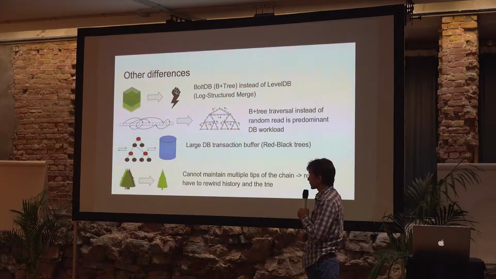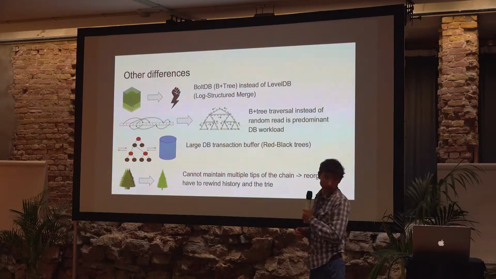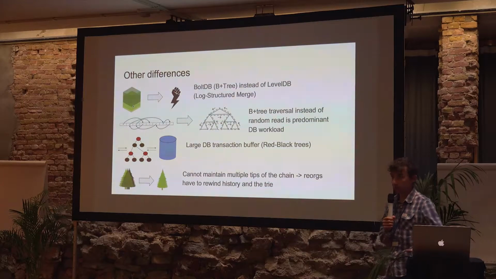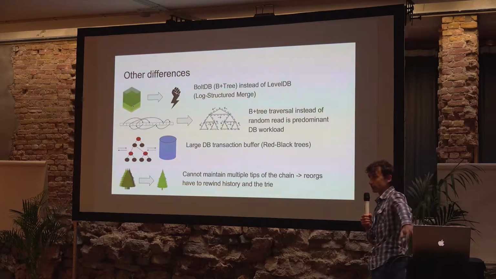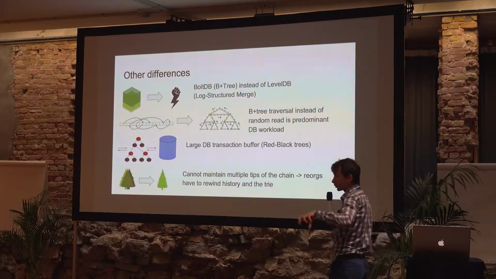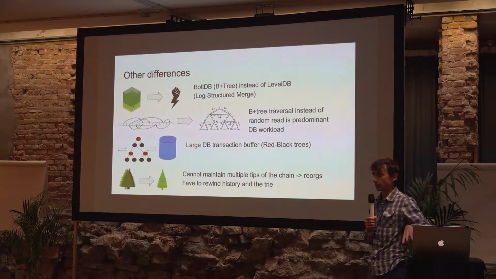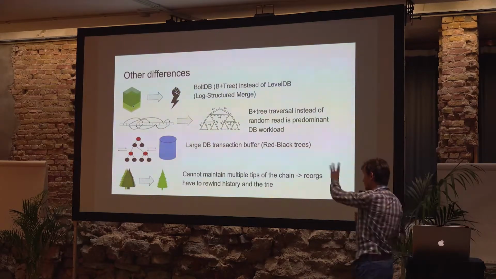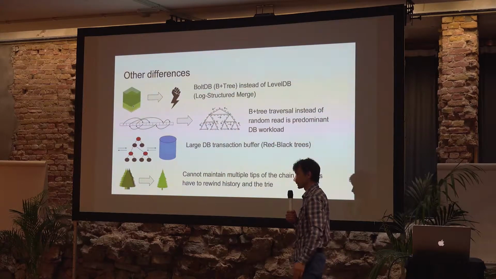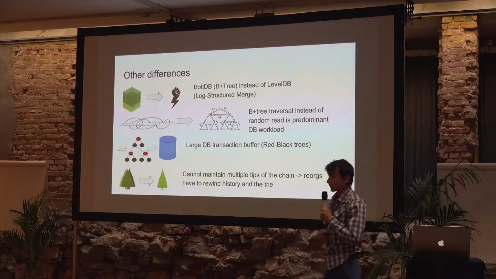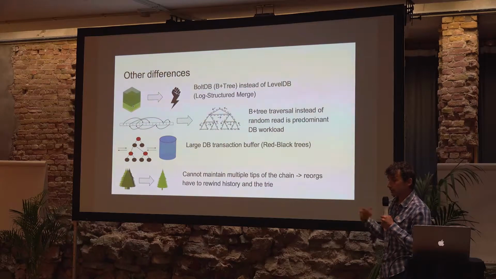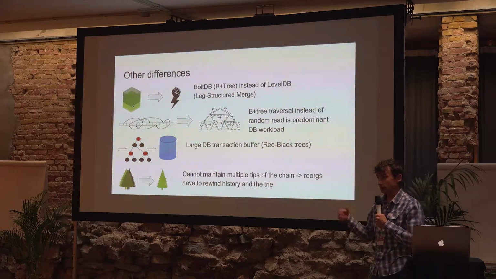And also, just empirically, when I run Geth on LevelDB on this laptop, it's really noisy. I can hear the noise. When I run TurboGeth and BoltDB, it's very quiet. I think it's a matter of the background processes which are going on.